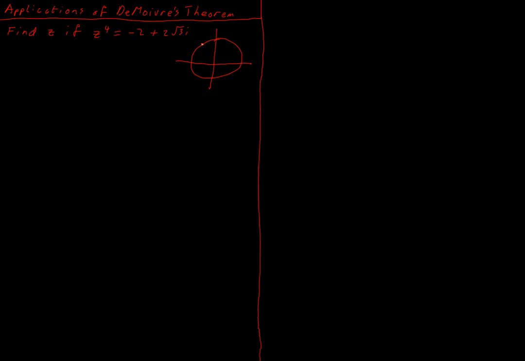Doesn't need to be perfect. This is the angle that I'm looking for. That's my theta. This is going to be my reference angle if I draw in my model triangle. So I'm going to need to find the modulus, or the radius as it's often called with De Moivre's theorem, and then find my angle using my model triangle.